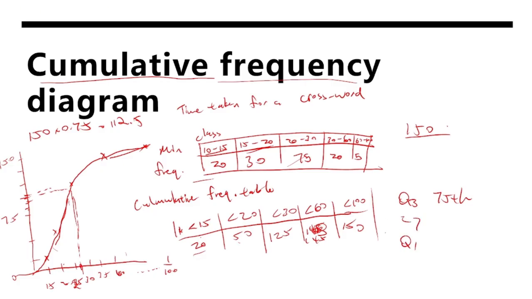And Q1 would be 150 times 0.25, which is about 37.5. So it'll be something like around here. We mark it, find it. So a bit less than 20, let's say 18. Then the interquartile range would be 27 minus 18, which is 9.